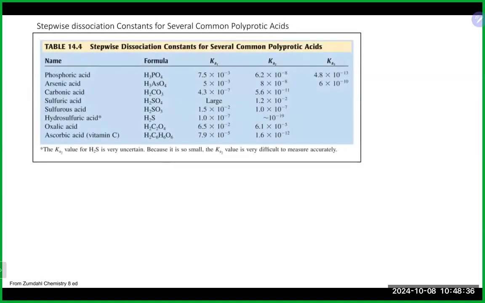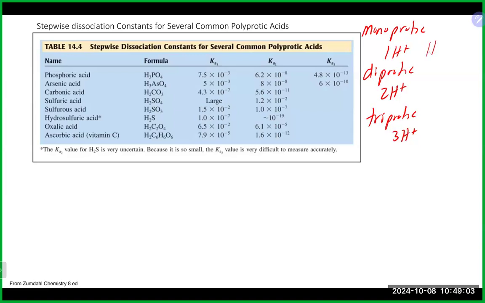All right, so not all acids are monoprotic. There are diprotic acids, which have 2 hydrogens that they can give, and triprotic acids, which have 3 hydrogens to give. So we have monoprotic, 1 hydrogen; diprotic, 2 hydrogens; and triprotic, 3 hydrogens.